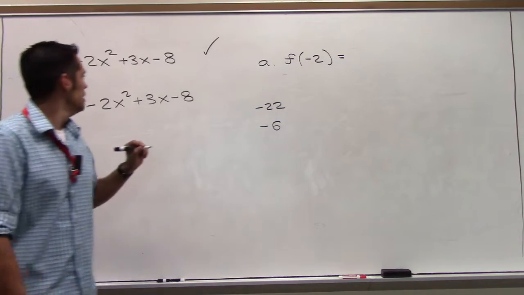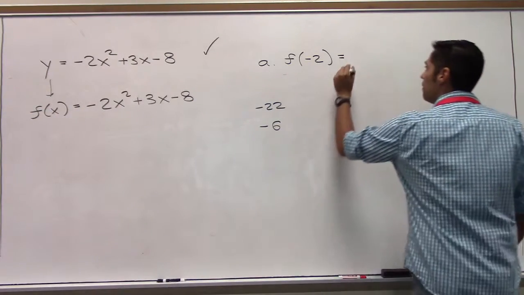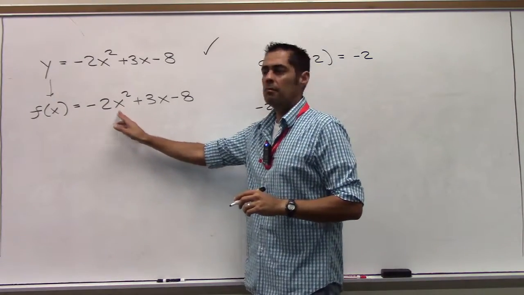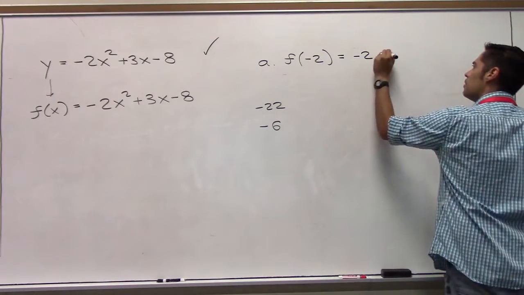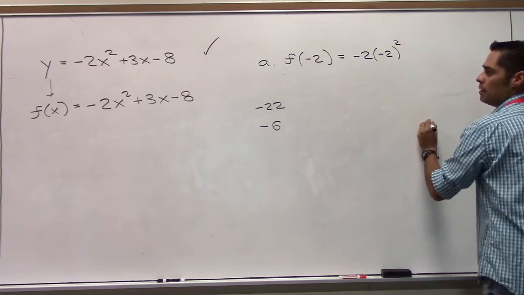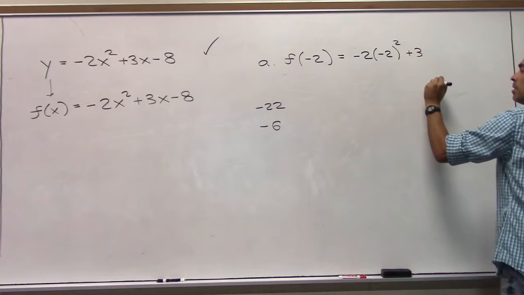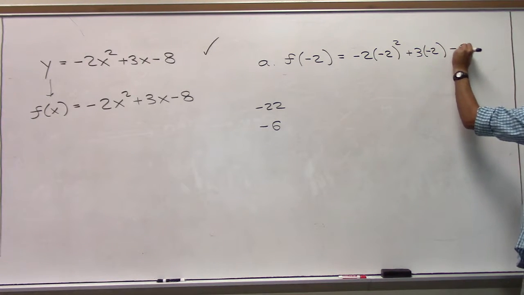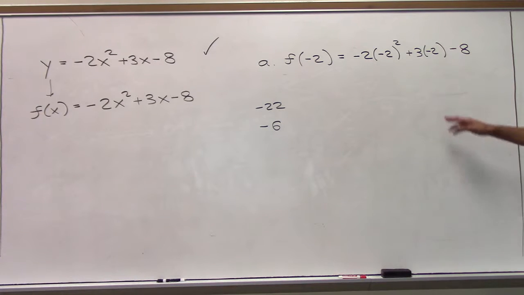Okay, so let's do it. I have f of negative 2, and I'm replacing every x with negative 2. So I'm going to replace the x with negative 2. That needs to be in parentheses and squared. Then I do plus 3, and I'm replacing the x with negative 2, so I'll put it in parentheses, and then minus 8. So I first do the exponents.